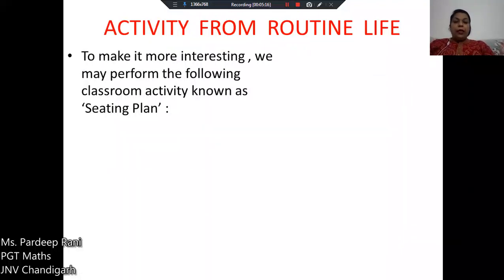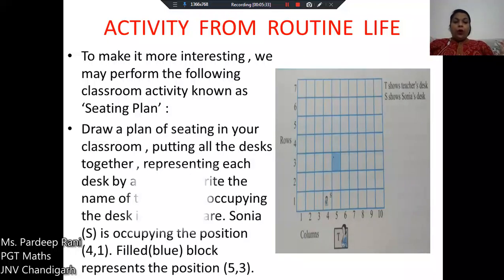We will have one more interesting activity to make it more precise, more clear. The activity is known as the sitting plan. It's a classroom activity. What we do is draw a plan of sitting in your classroom by putting all the desks together, representing each desk by a square. You can see in the adjoining figure. Now, these benches are arranged in a square shape and put together.